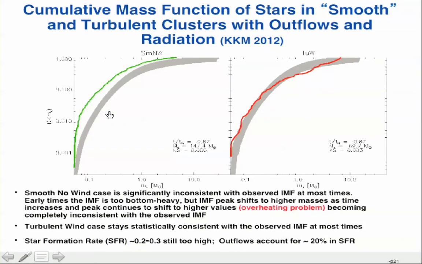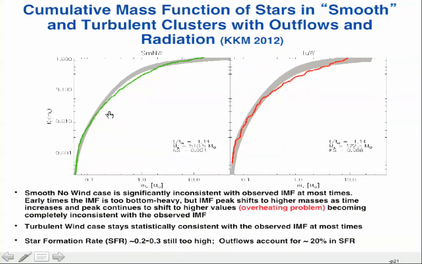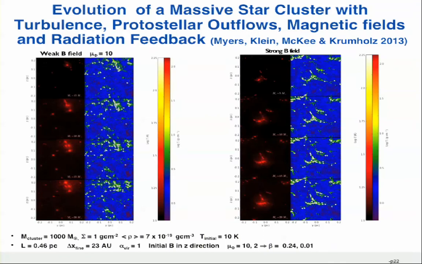The turbulent wind case stays statistically consistent in time with an observed IMF at most times, while we hit the IMF top heavy without all that feedback, and we get an underrepresentation of the IMF at the low end side. As I said, the star formation rate is still too high. Outflows here account for 20% of the star formation rate.